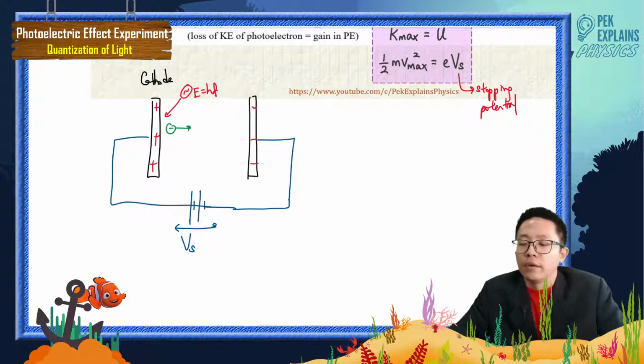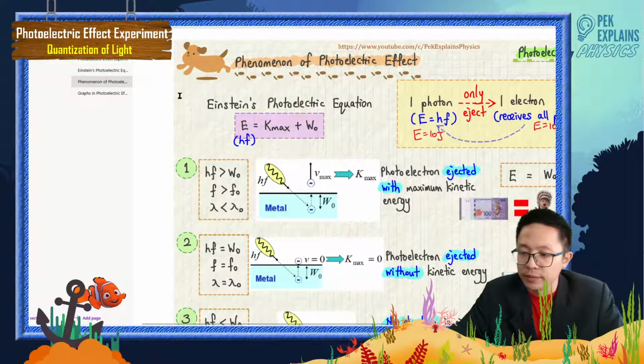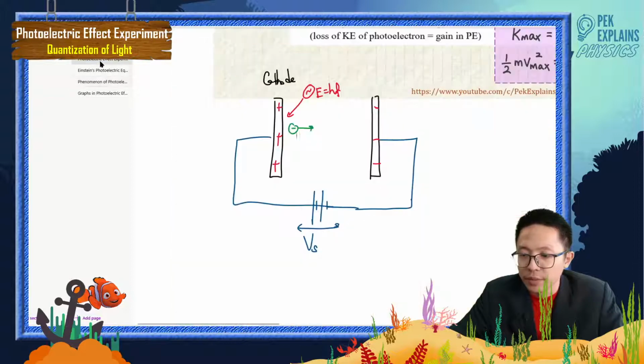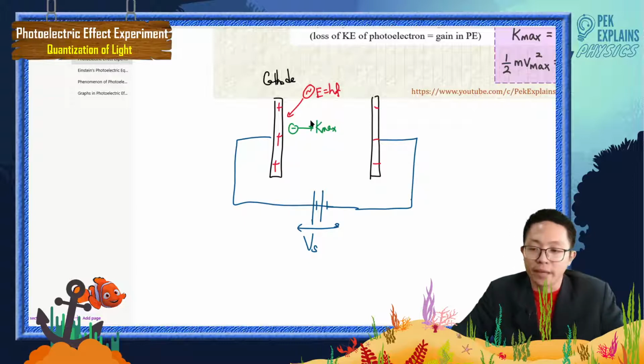And we learned that when the electron is ejected, it has kinetic energy. hf becomes kinetic energy after overcoming the work function. So this electron is ejected with kinetic energy, isn't it?